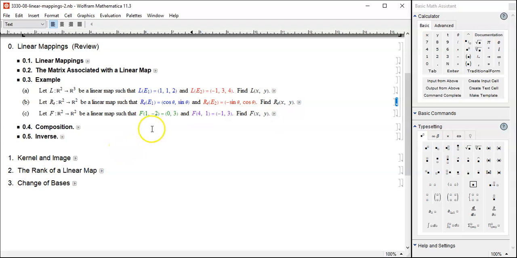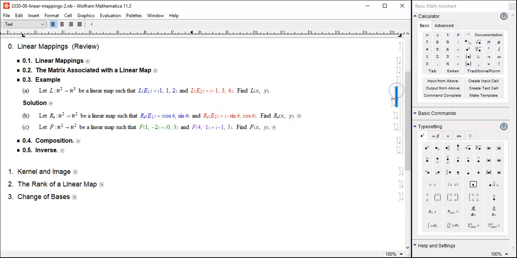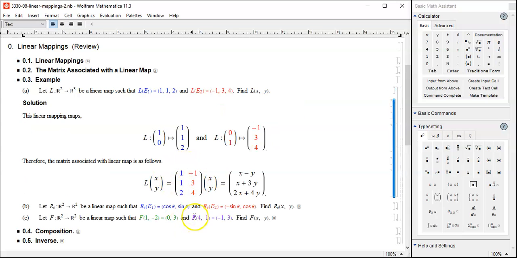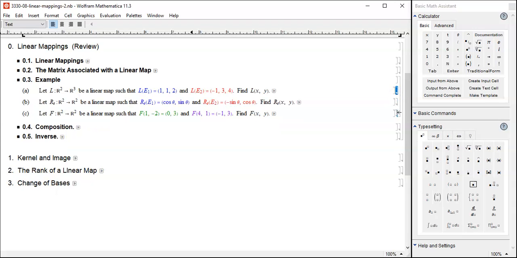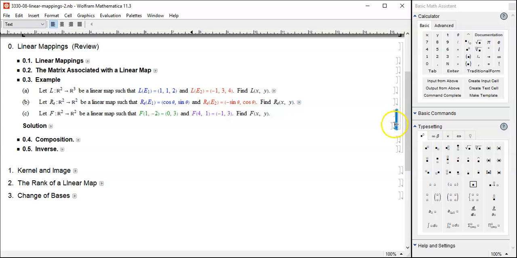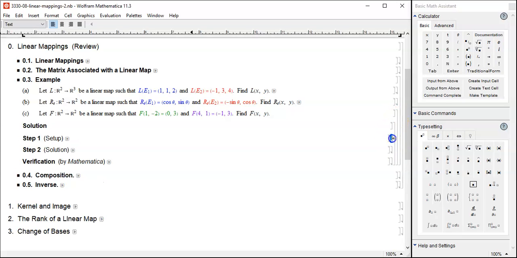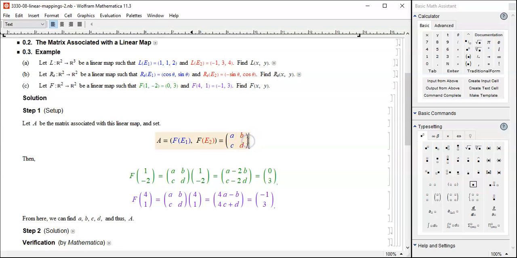How about the next example? Well, we don't have f of E1 and f of E2 here. So we cannot get the matrix expression right away as we did before, where we got the first column, second column, and that was it. Instead, we have to use some algebraic process here because the theorem told us that the matrix expression exists. And how do you find out? Well, f of E1 is the first column, f of E2 is the second column.